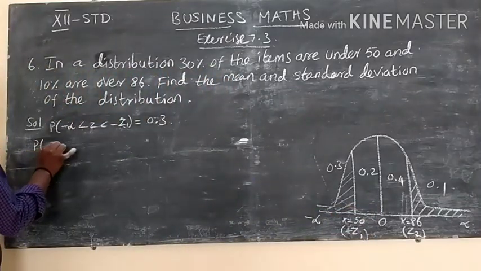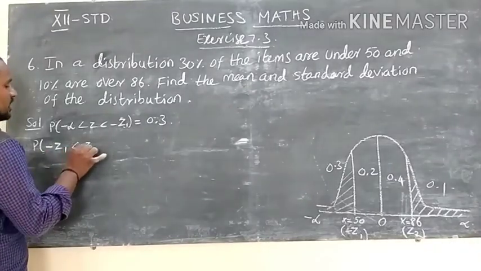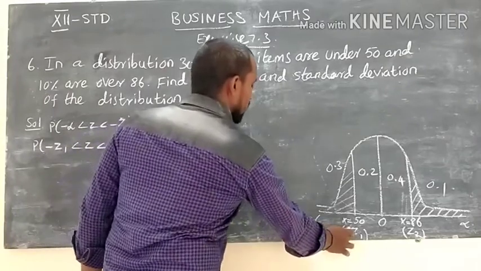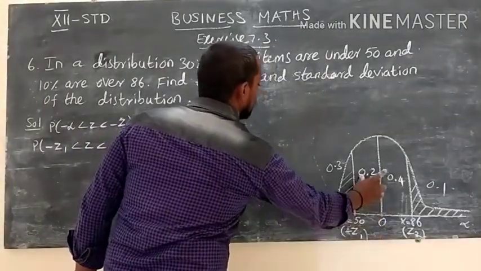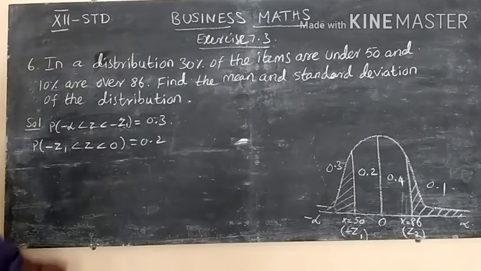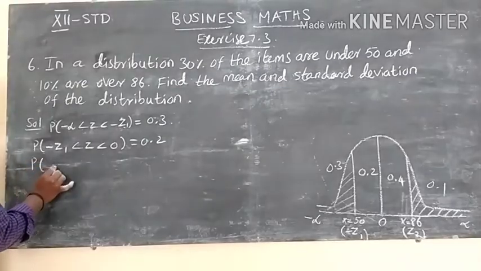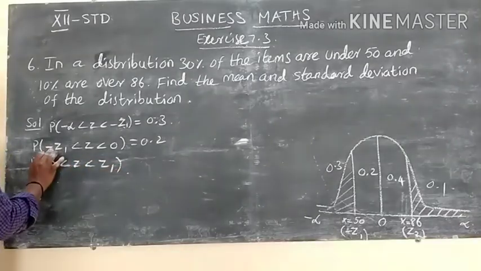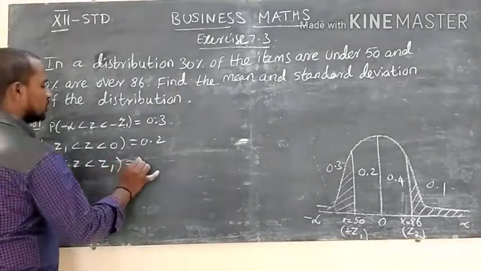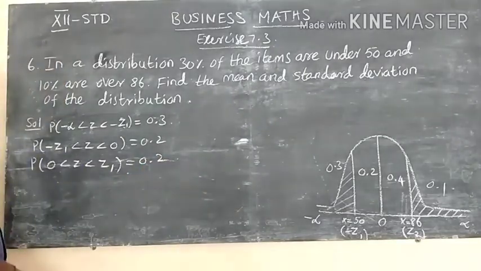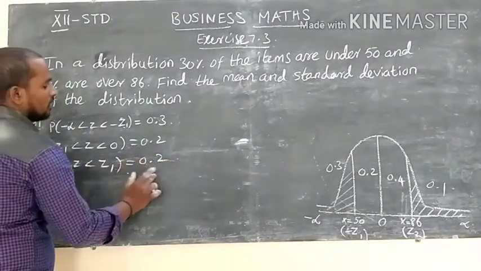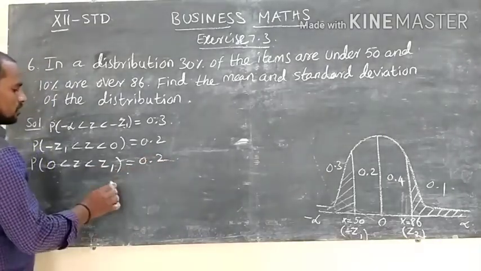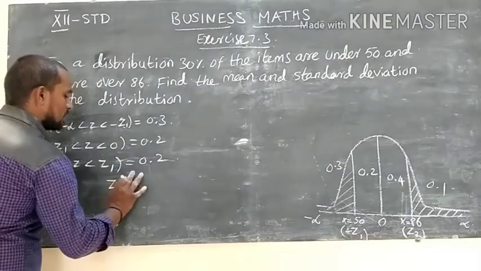Probability of minus Z1 less than Z less than 0 equals 0.2. This can be written by symmetry as 0 less than Z less than Z1, the minus value changing into plus, which is equal to 0.2. So now we get the standard normal table value 0.2. That is the Z1 answer.